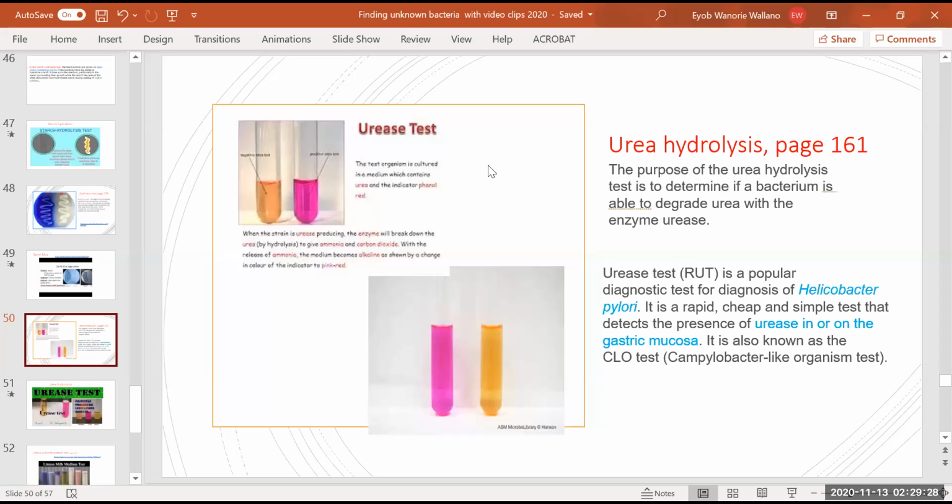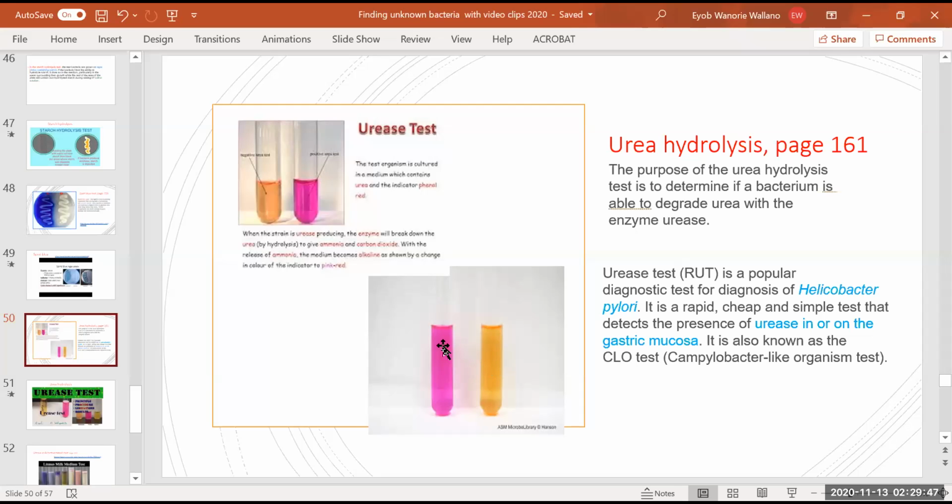So any bacteria which grows on urine is going to use the urease enzyme, and then it is going to change the color to a purplish color, or cherry color we call it. You see, it's very interesting.